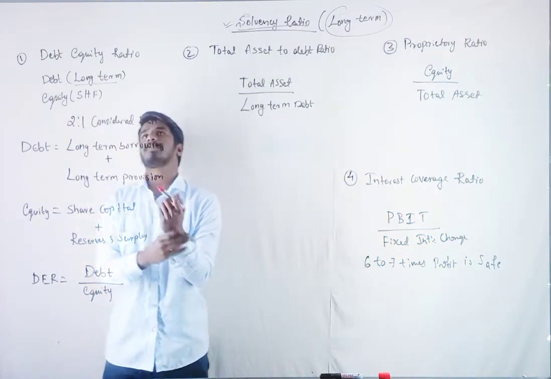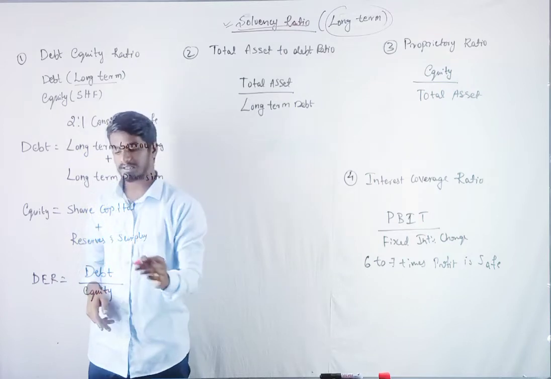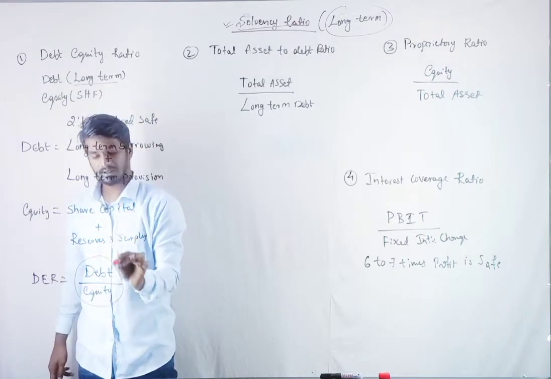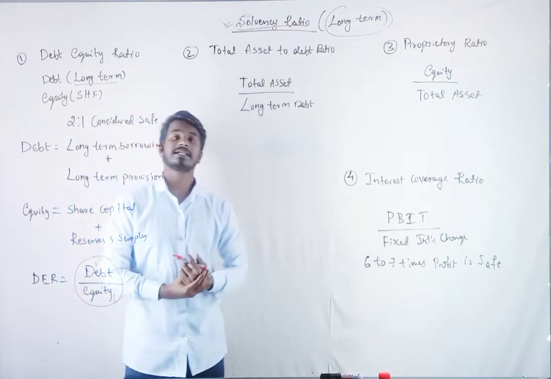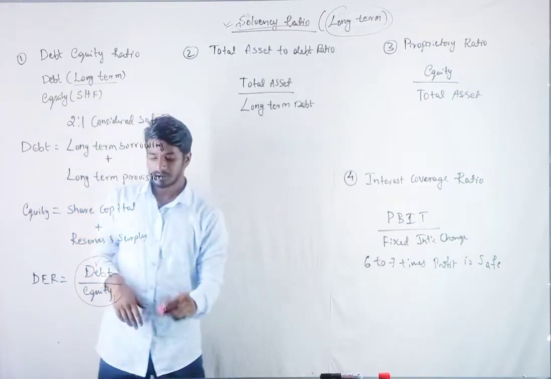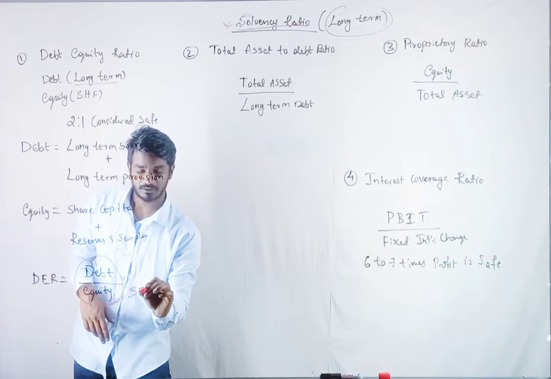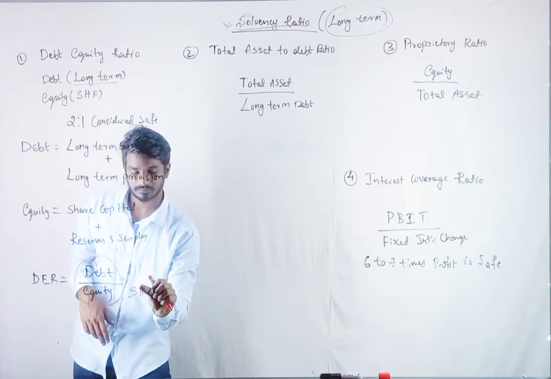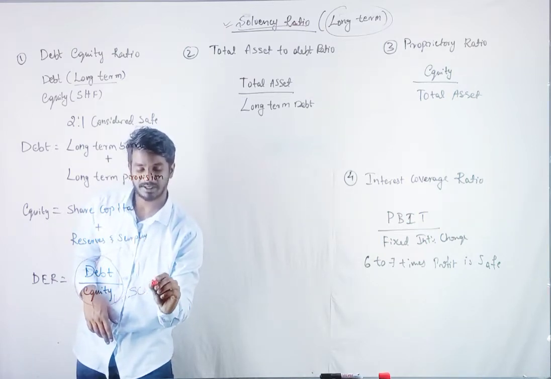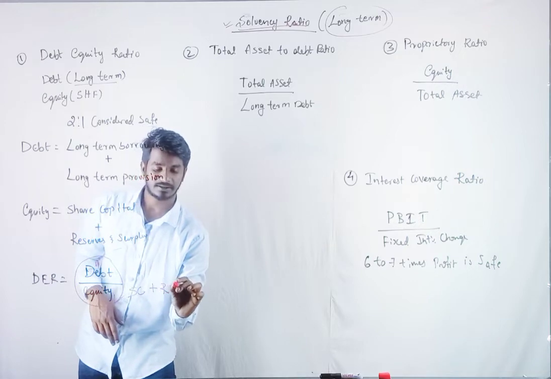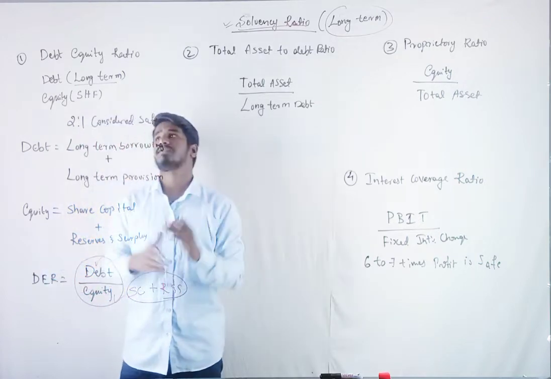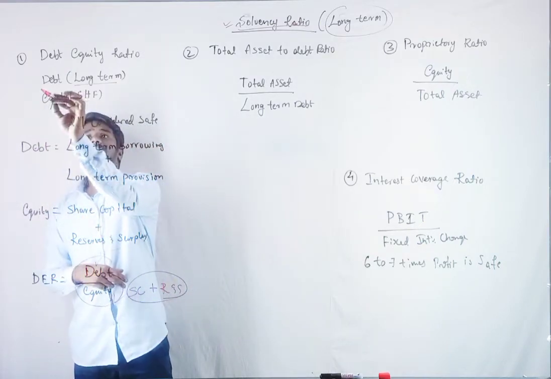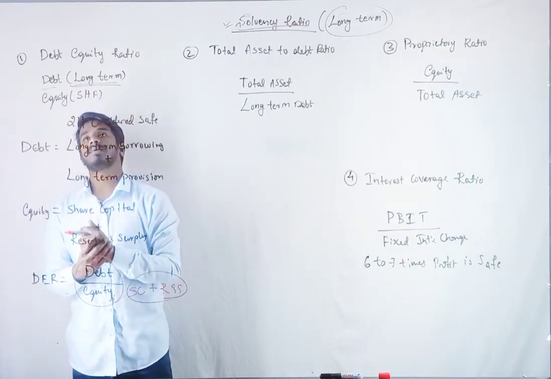The first one, debt equity ratio. Basically we are going to compare debt, how much debt we have, and how much owner's capital is there. Equity means shareholders fund, share capital plus reserves and surplus. Debt means long term debt.